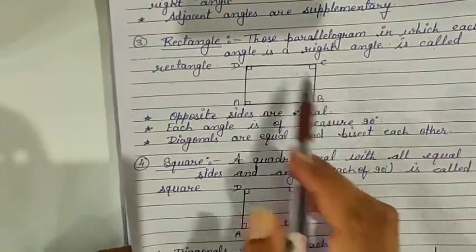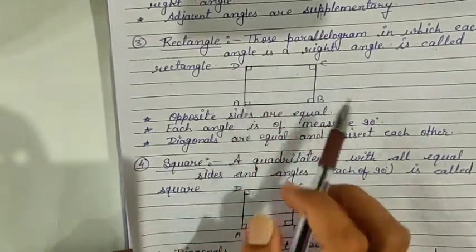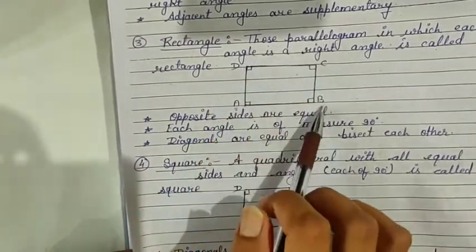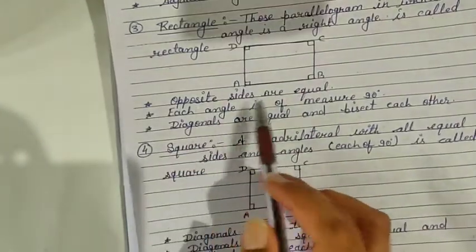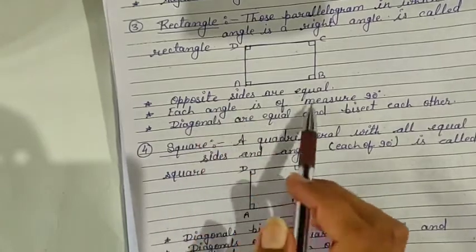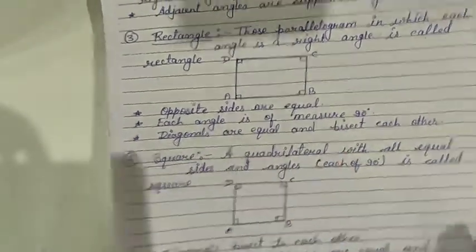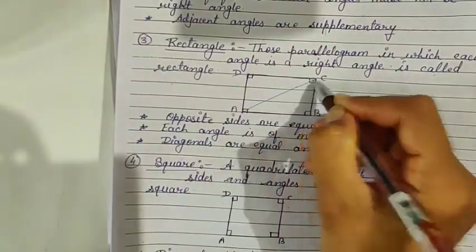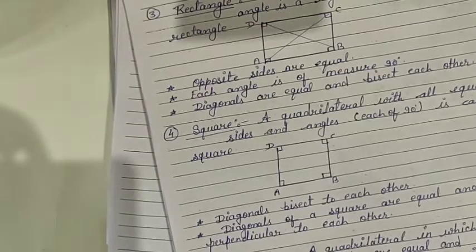In this diagram, AB is parallel to CD and AD is parallel to BC, and AB equals CD and AD equals BC, and all four angles are 90 degrees. Opposite sides are equal. Each angle measures 90 degrees. Diagonals are equal and bisect each other. These are the two diagonals of this rectangle. They bisect each other and they are equal in length.